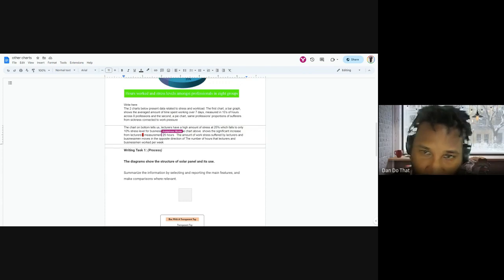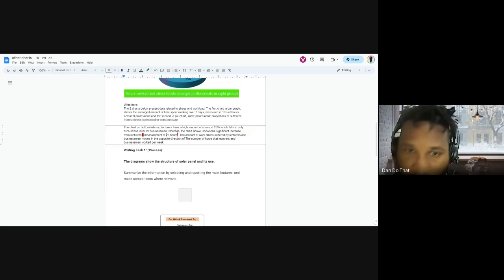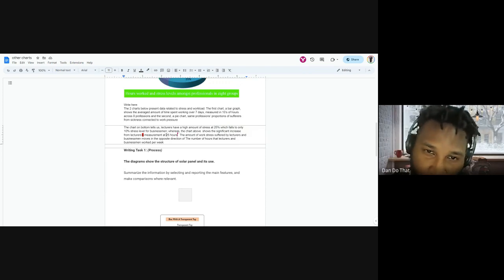The chart above shows the significant increase from lecturers' measurement at 25 hours. Okay. So you say from, you need a to. Good.